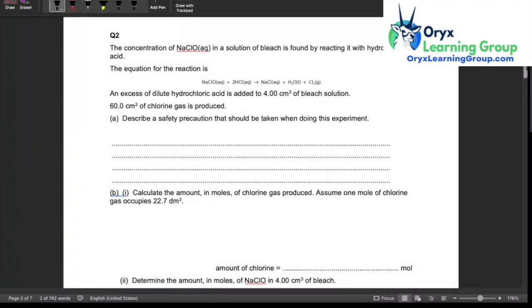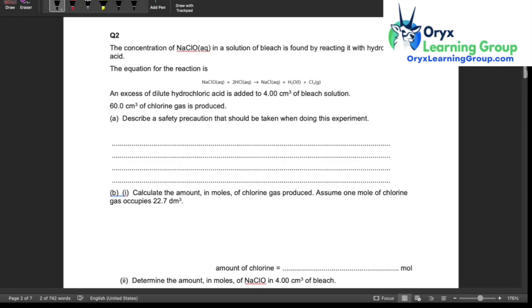Is everyone able to follow the question? Yes. Okay, so the first part is: describe a safety precaution that should be taken when doing this experiment. What is the safety precaution you should take? You should wear protective safety wear, like a lab coat, goggles, and so on.